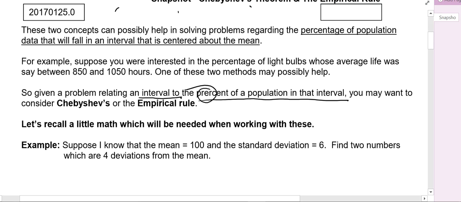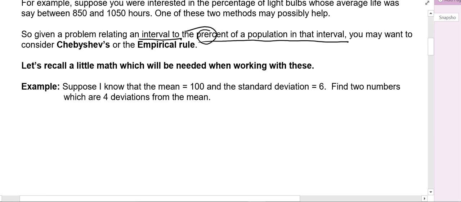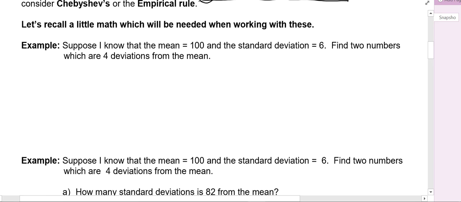So, the first thing we're going to do here is recall a little basic mathematics. This is going to be needed when working problems associated with these two concepts. So I'm going to go through two examples and try to get that little math across to you, so this will not be a problem when we actually apply the two techniques.